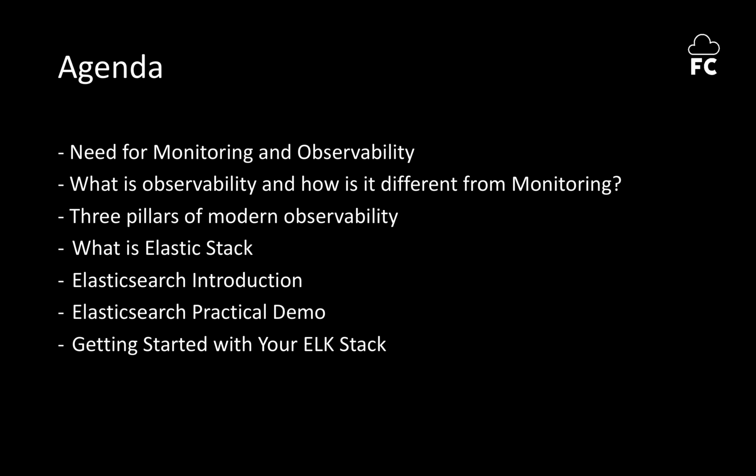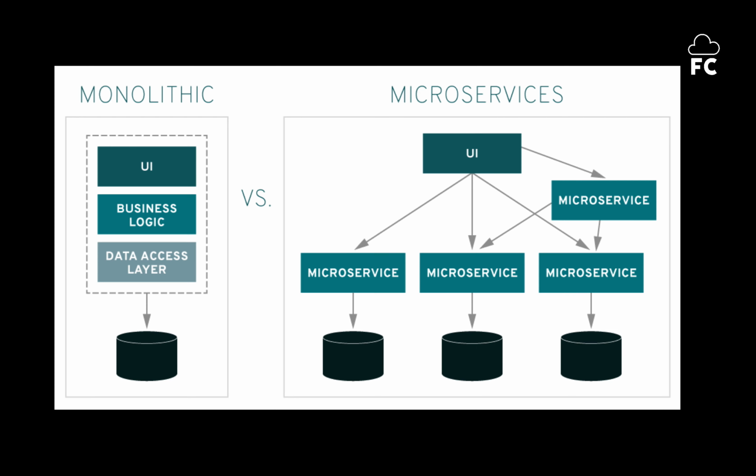Then we'll cover the steps you can take to start running your own Elasticstack, so that you can experiment, get a quick hands-on, and go for certification if you want to.